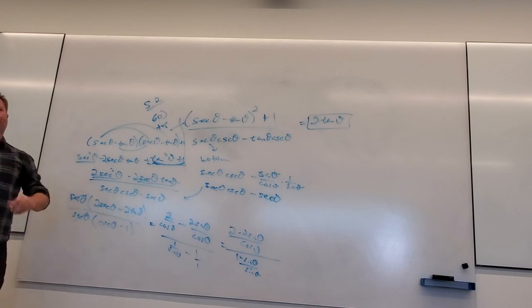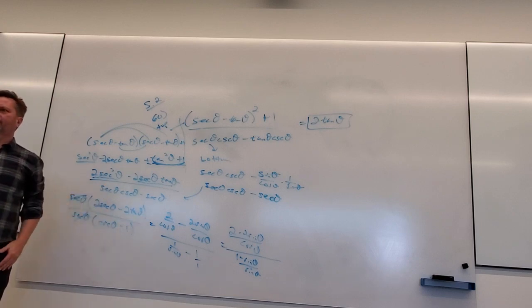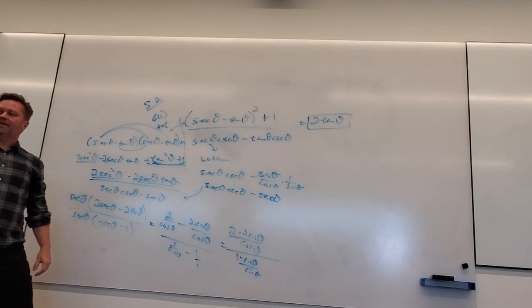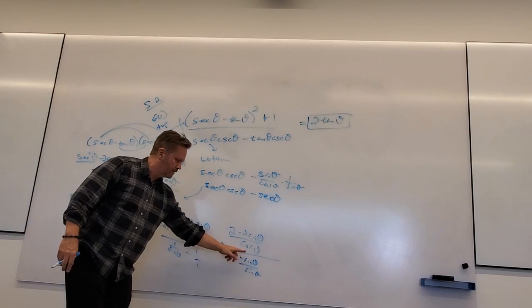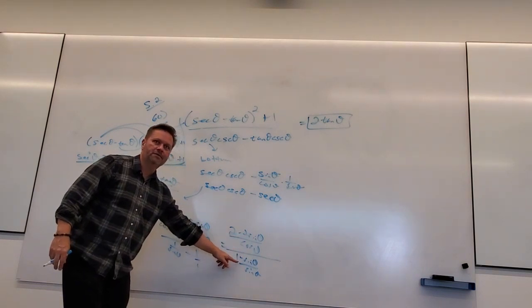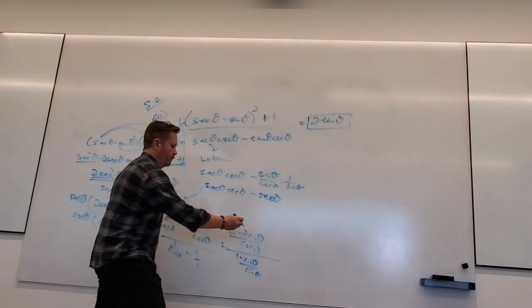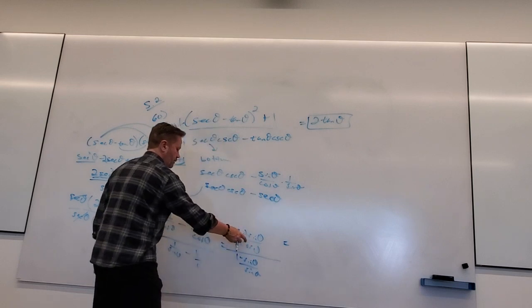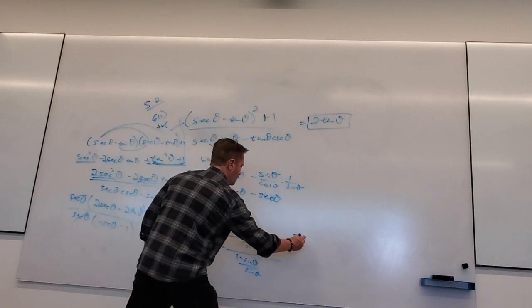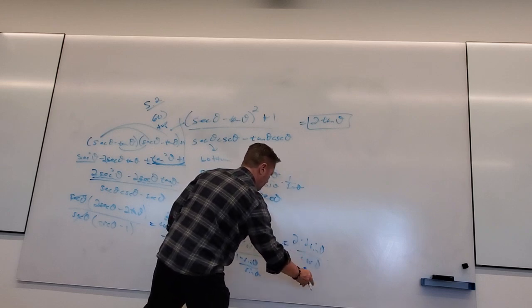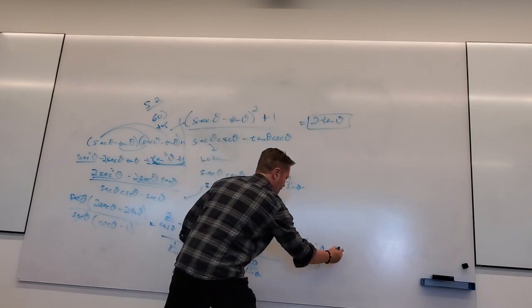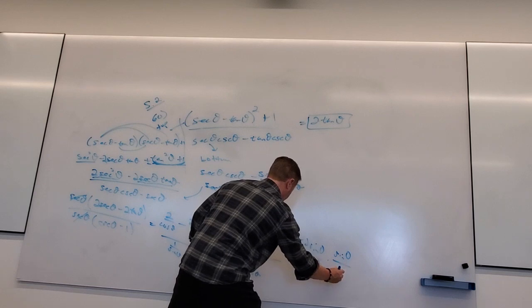But if I would have done what Chad asked me to a while back and taken a 2 out of here, do you see how there's something the same? So if I rewrite this, what's a better way to write a fraction divided by a fraction? Multiply by the reciprocal. So it'll be sine theta over sine, 1 minus sine theta.